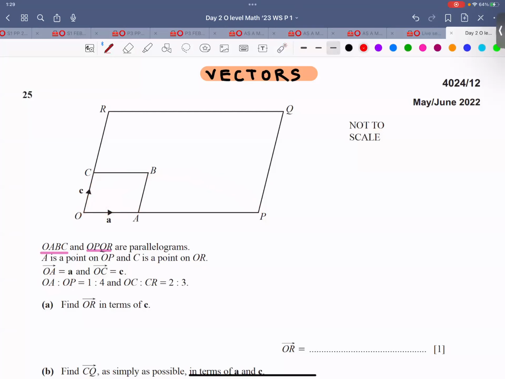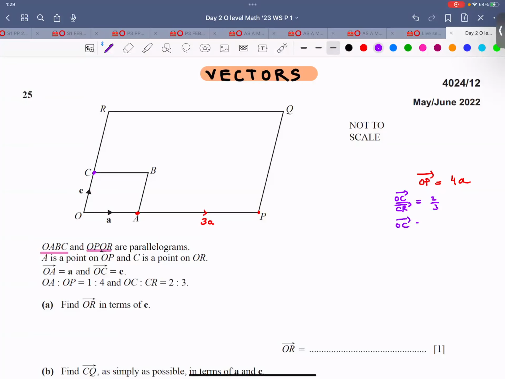Let me label it. Therefore, AP is 3a, and therefore OP is 4a. And OC is to CR is 2:3. So let me write it: OC, CR, that is 2:3.